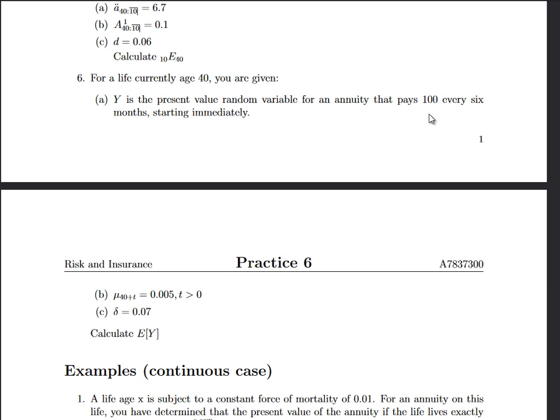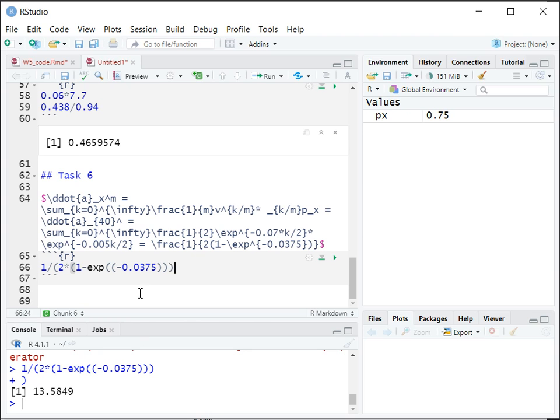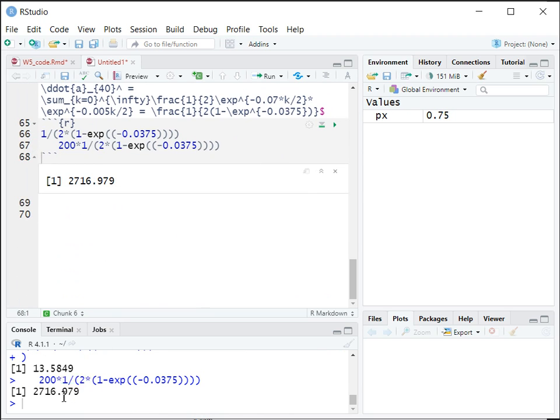That means we have to multiply by 200. So the answer will be 200 times this value, and this will be 2716.98.